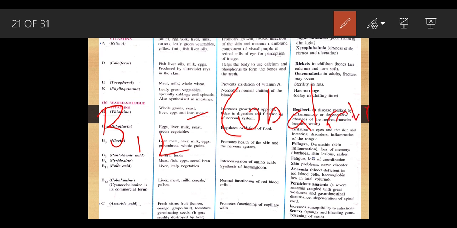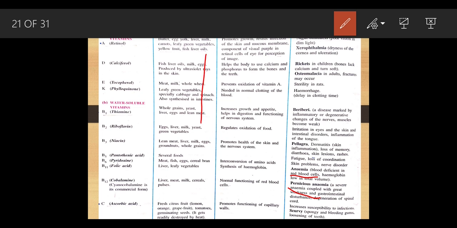Okay, again it causes a problem that is called pernicious anemia. What is the difference between anemia and pernicious anemia? Suppose this is the esophagus and this is your stomach region. In this stomach region there is a lining.